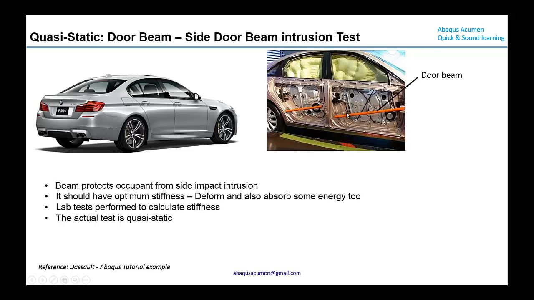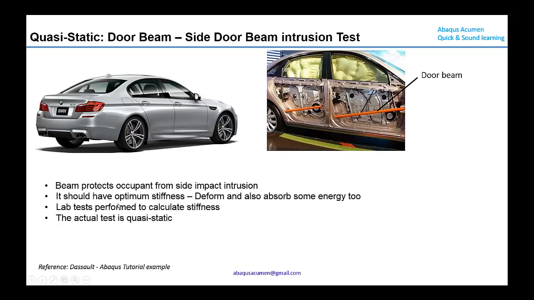This is typically arranged inside the side door assembly, and the main role of this side door beam is to protect the occupant from hip injury or any side door intrusion or side impact intrusion. It should have optimum stiffness, and when it deforms it is expected that it should absorb the energy too.